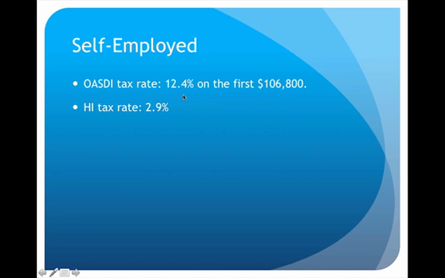Their OASDI rate is actually 12.4%, but again, only on the first $106,800, and on HI they have to double up to 2.9%. So it's always good to pay close attention in any examples that we have, because if we do have a self-employed person, we have to remember to double that rate.